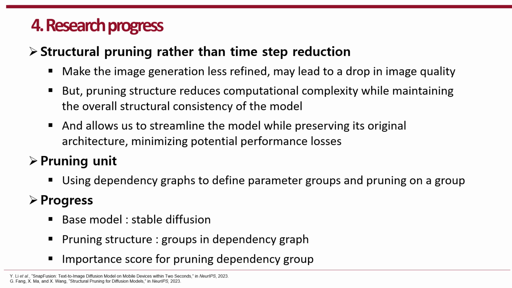For the progress of my research, I'm using Stable Diffusion as the base model. The pruning structure I'm implementing is based on group units defined by a dependency graph. Through this approach, I can identify and remove parameter groups with lower dependencies, simplifying the model's architecture while preserving its essential functions.